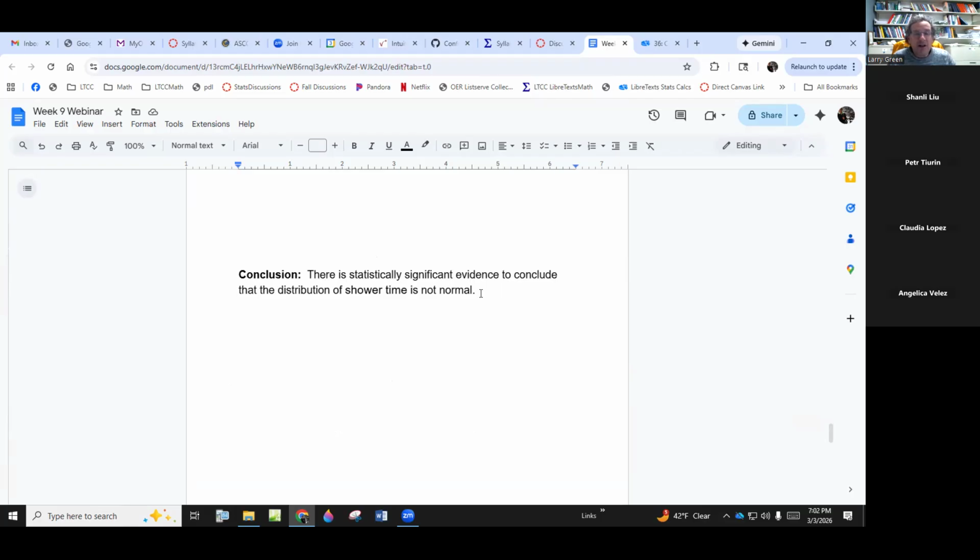Any questions at all on how this test works? Just to let you know, there are three main uses of goodness of fit. One is when you know the population, like the population of California, because you can find that online. Another is when you don't know it and you're comparing.